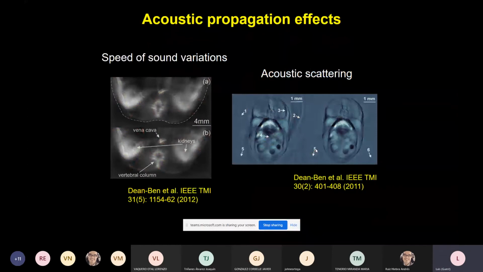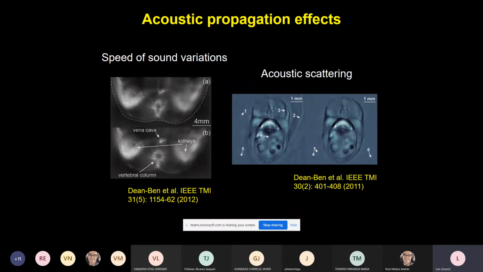Okay, so another thing to take into account when we reconstruct an image is effects related to the propagation of ultrasound. I have two examples here. These were my early work on this topic.